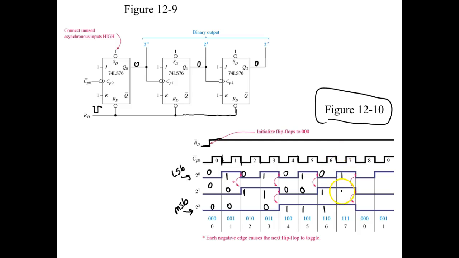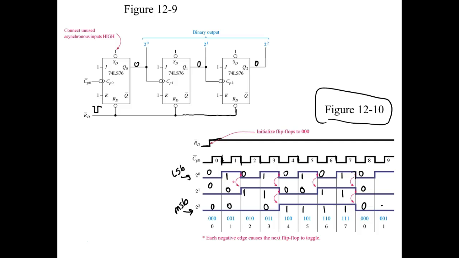This guy here is not going to toggle because when this goes to 0, this one toggles. When this one goes to 0, this one toggles, right? You understand? So this is going to stay there. This is going to be a count of 7. When this comes, this is going to go to a 0. This one toggles. This is going to go to a 0. This one toggles. It goes to a 0, and this thing just rolls around. And now it's ready to start counting again, right?